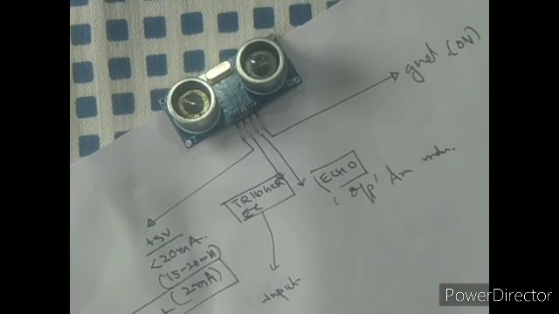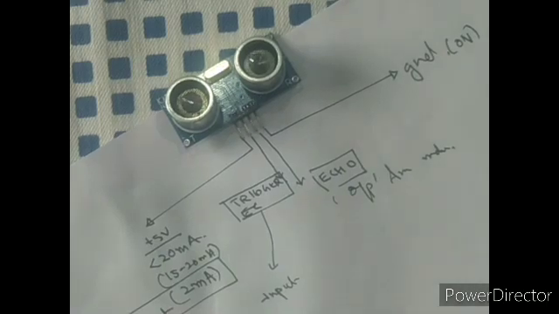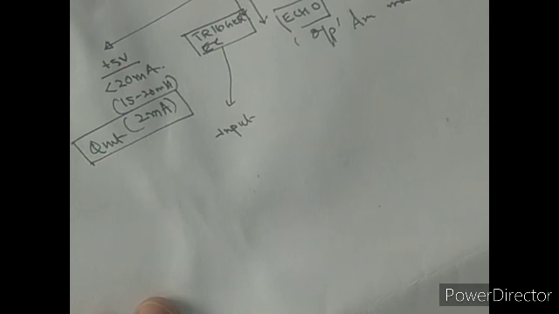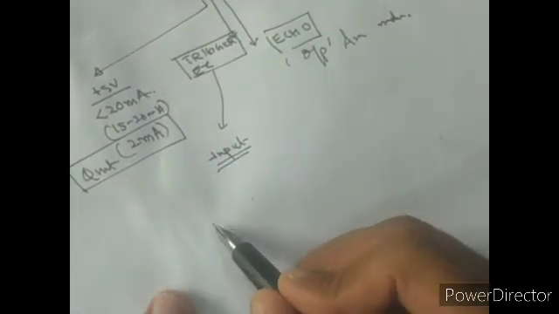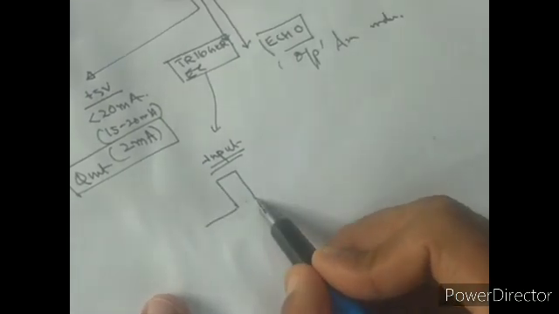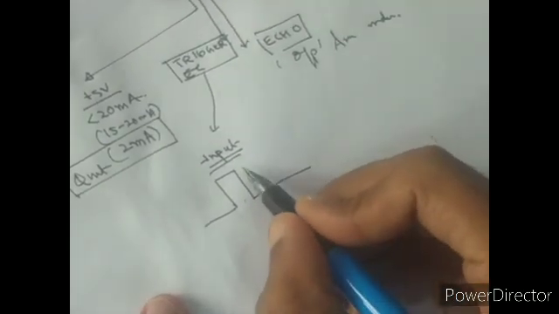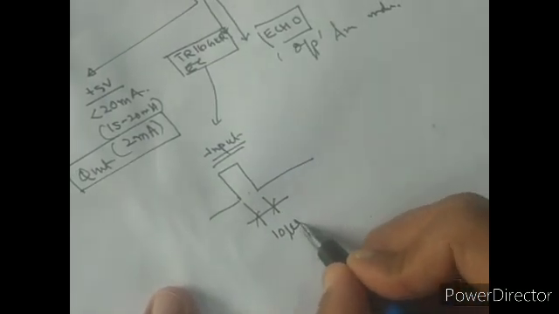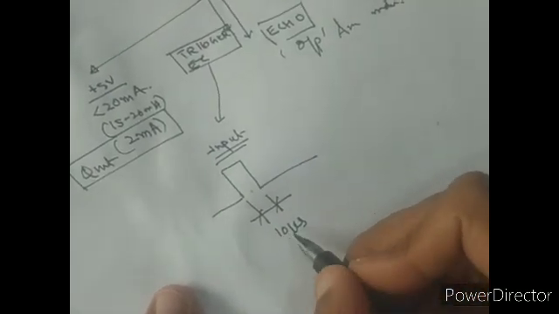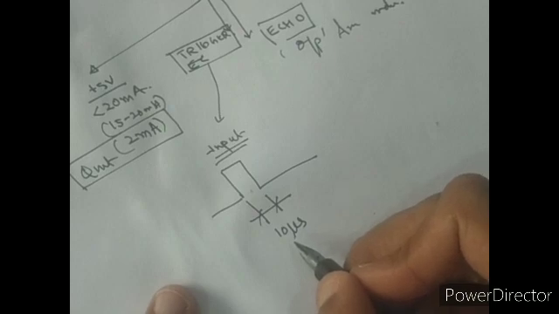While interfacing with a microcontroller, we should know the following facts. For the trigger input signal, we have to give a TTL positive pulse of duration more than 10 microseconds.